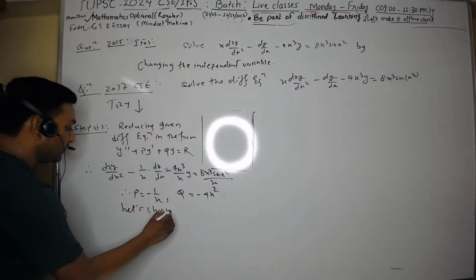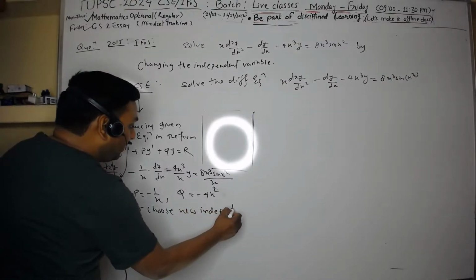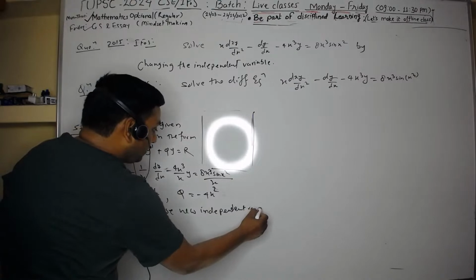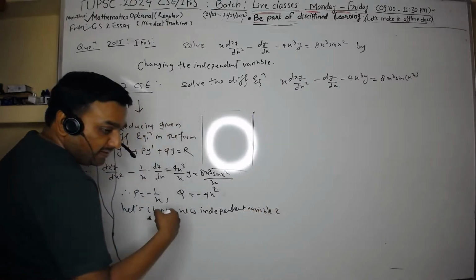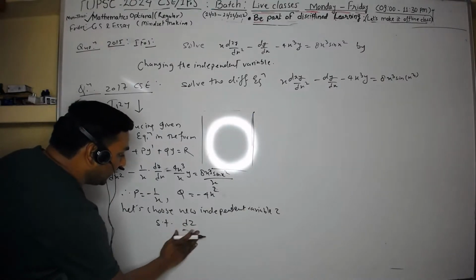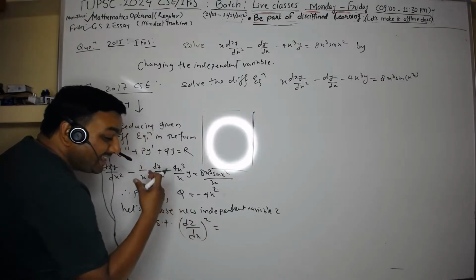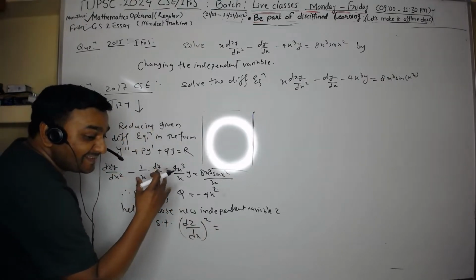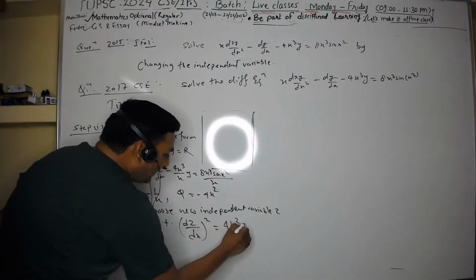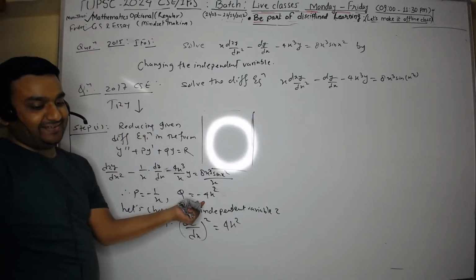अब क्या करेंगे? Let's choose new independent variable z. How? dz over dx whole square as q excluding the negative sign.